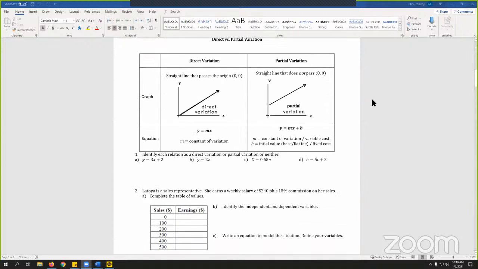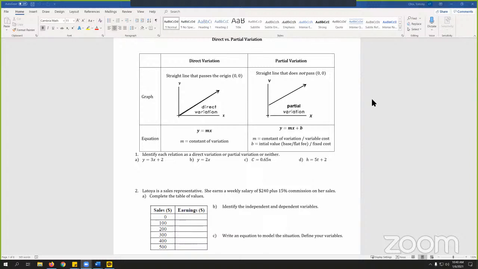Then we talked about direct and partial variation. Here's the very quick rundown of it. We know that direct variation starts and passes through the origin, and a partial variation does not pass through the origin. And the equations that we use, it's pretty much the same. The only reason why the direct variation is y = mx is because the y-intercept is 0.